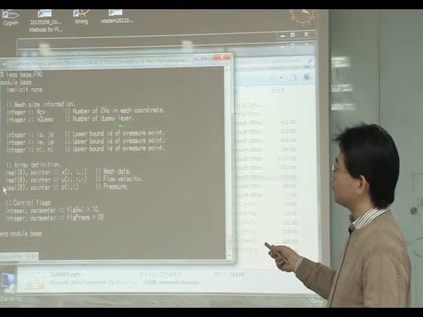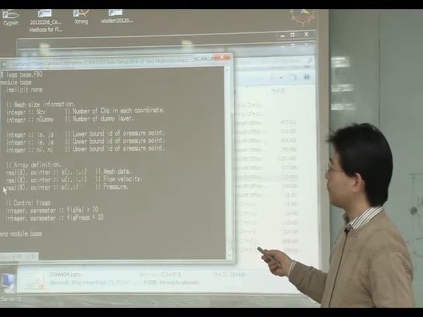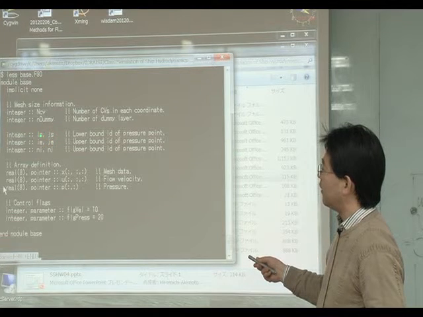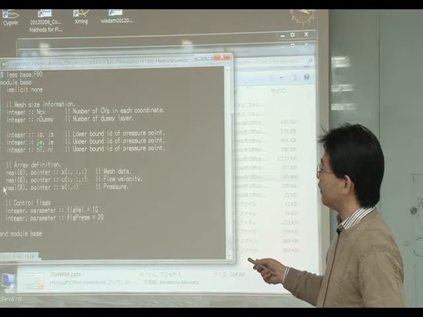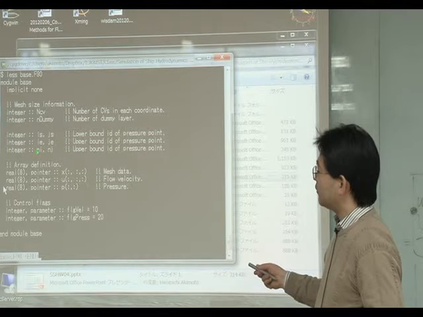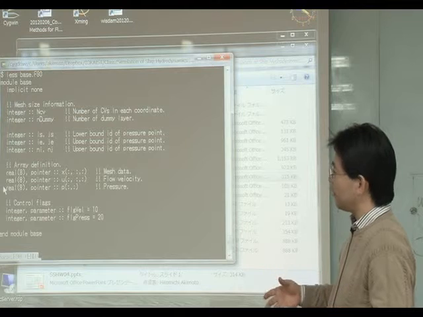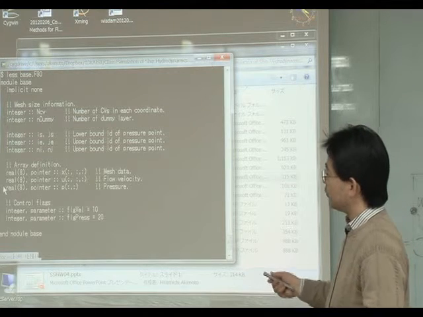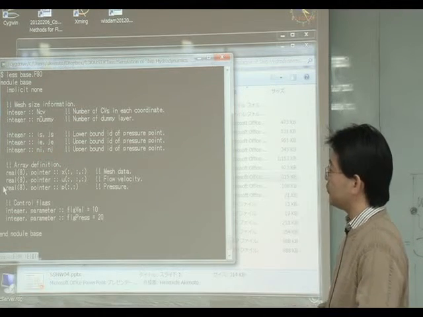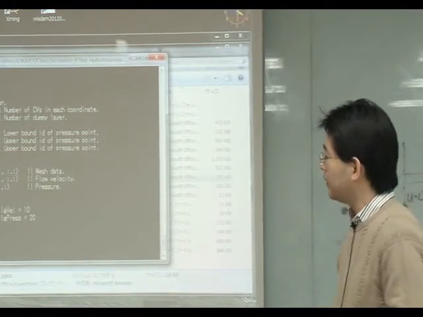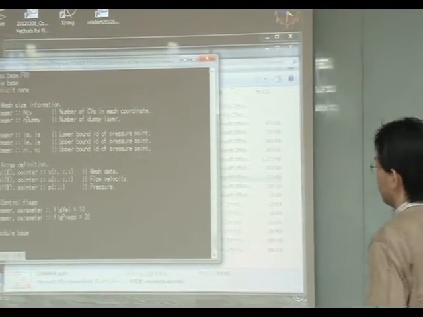Now it was 2 in the previous slide, and the index of first points, IS, JS, and IE, JE, and the upper bound of arrays. This is required to allocate the memory of each variable.